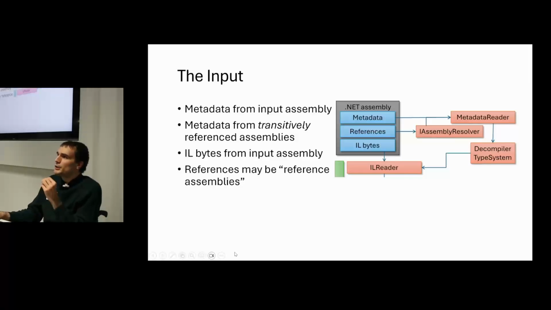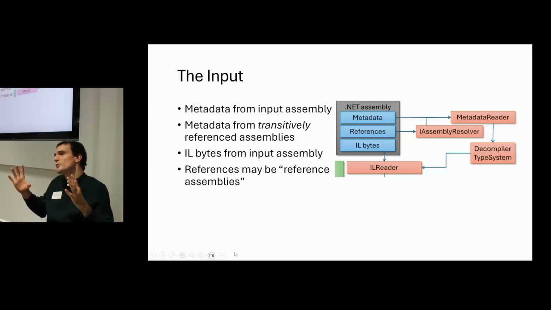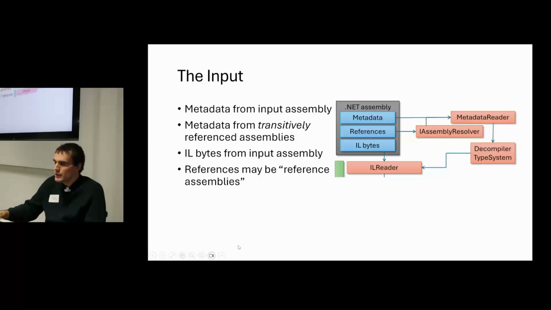So from the perspective of an assembly consumer, you cannot expect that you actually get the runtime assemblies. And so you have to be fine with the things you have, just the metadata and no information about the implementation.